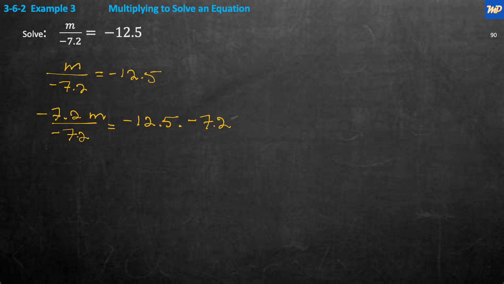Cancellation gives us 1m, and 1m is equal to negative 12.5 times negative 7.2. It's going to be a positive number because it's a negative times a negative. If you use your calculator, it's a positive 90.